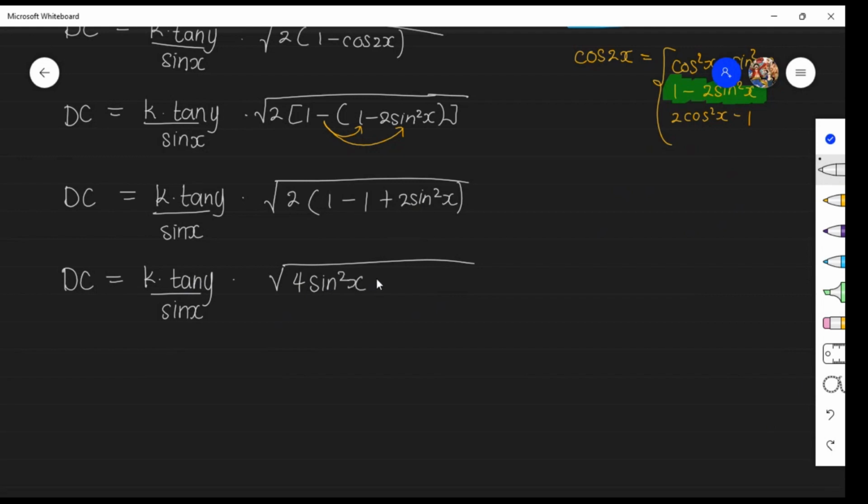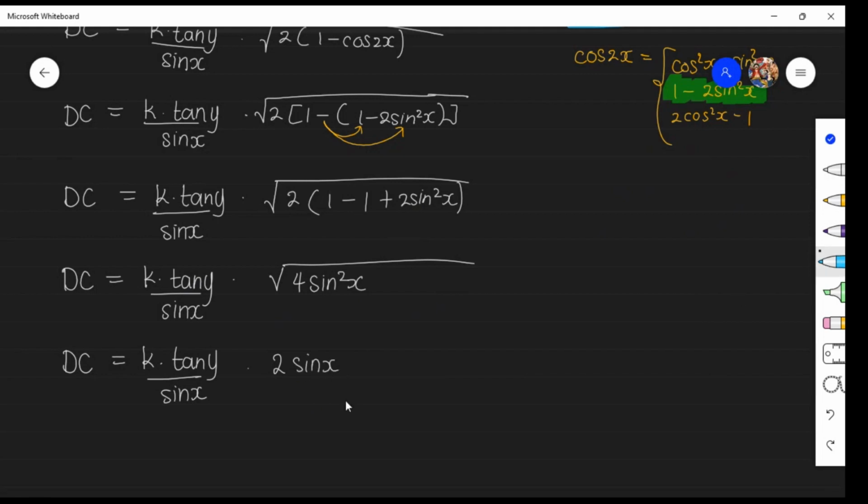Now, if you notice, we have 4, which is a squared number, and we have sine squared of x, which is also a squared number. So we are going to square root that. Square root of 4 gives us 2. Square root of sine squared x gives us sine x.